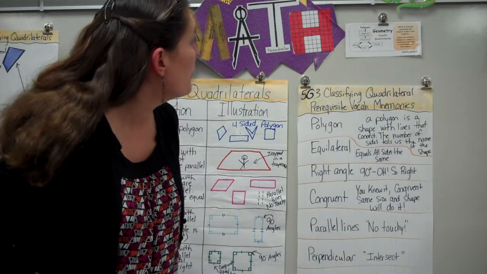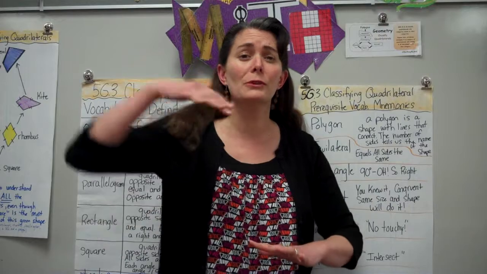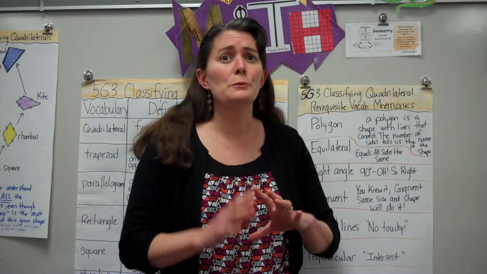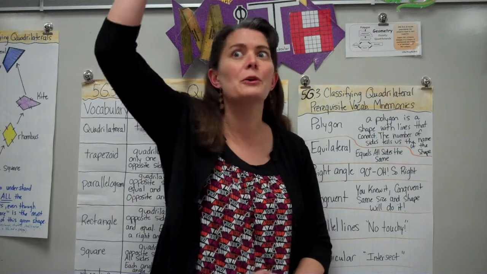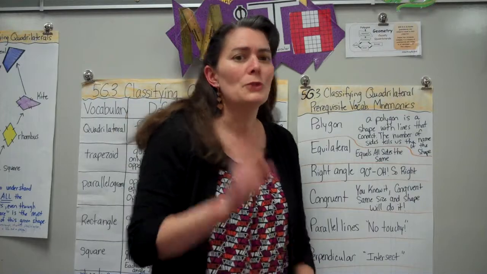And really, the fifth grade standard for classification of quadrilaterals is kind of leveling it up and understanding how one shape can belong to multiple subcategories, and then all those subcategories above it actually can be used to describe that shape. And we'll talk about that in a second.